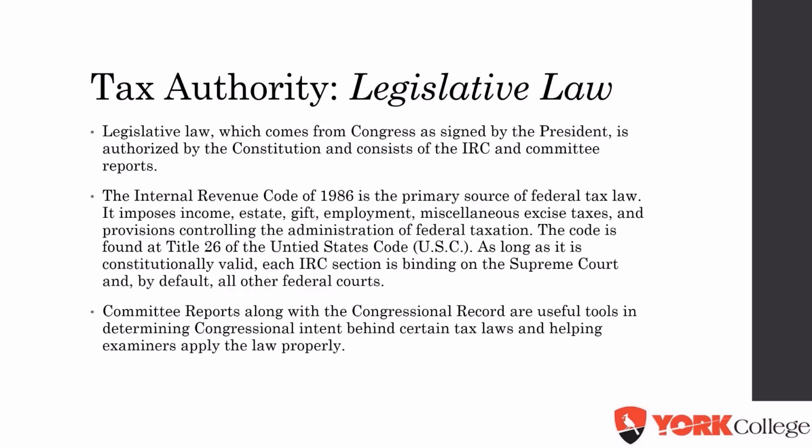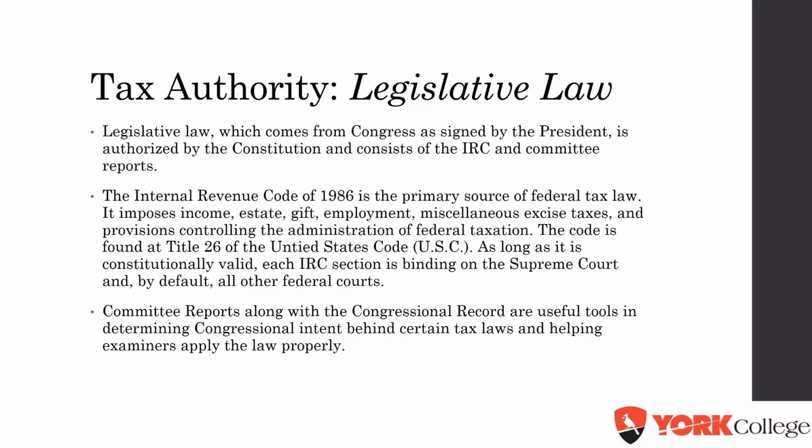So going into a little bit more detail about legislative law and the tax authority basis in the legislature is simply that legislation is the laws that Congress passes through a vote in the bicameral House, which is comprised of the House of Representatives and the Senators.